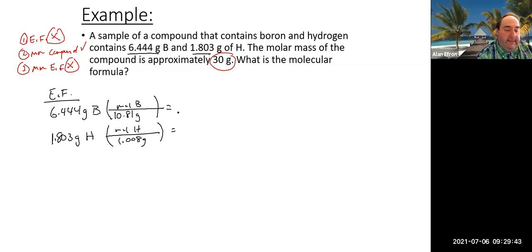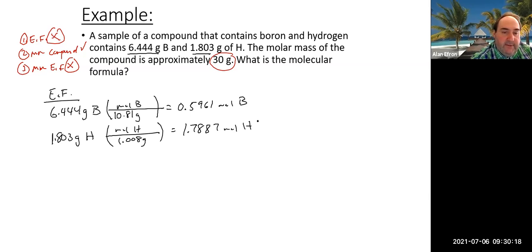So if we do that, 6.444 divided by 10.81 gives us 0.5961 moles of boron. Take our 1.803 divided by 1.008 gives us 1.788 moles of hydrogen.